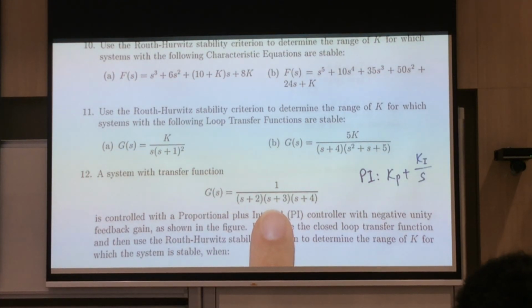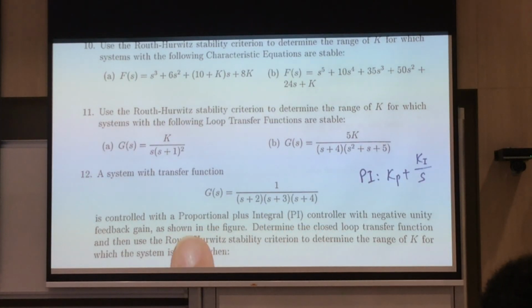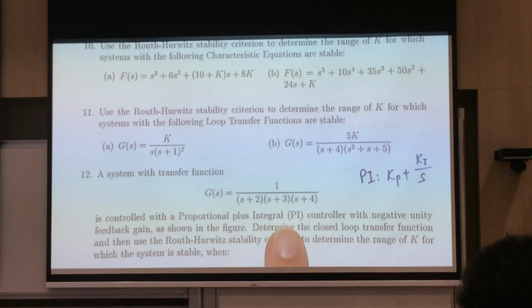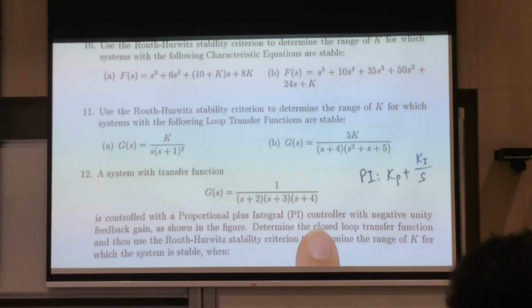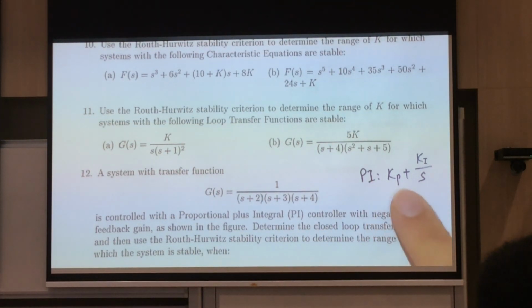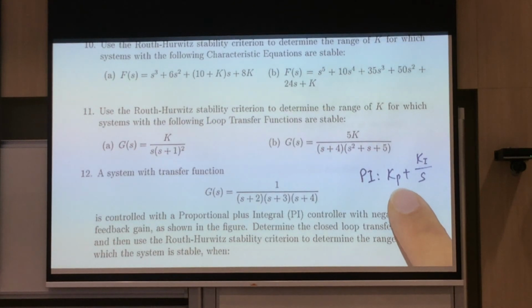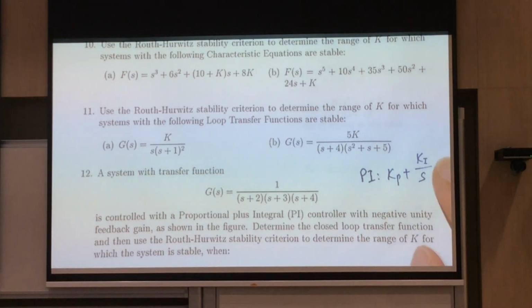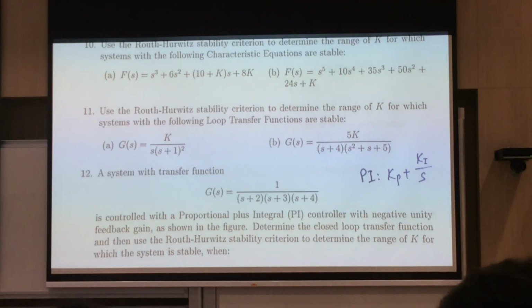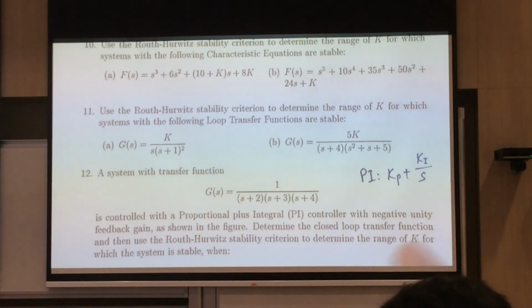But what is different is that the controller is no longer purely proportional. You have a PI controller, a proportional integral controller. A PI controller will have a proportional term, Kp, plus an integral term, Ki over s, with negative unity feedback.